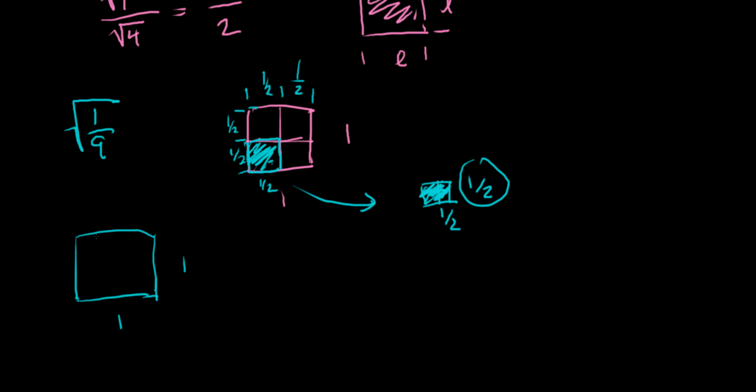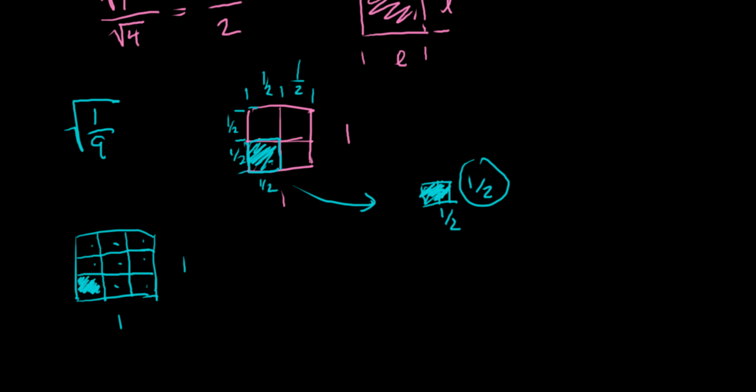So it turns out that if I break this up into thirds like this and like this, how many small squares do I have in there? 1, 2, 3, 4, 5, 6, 7, 8, 9. And I want 1/9. That's right here.